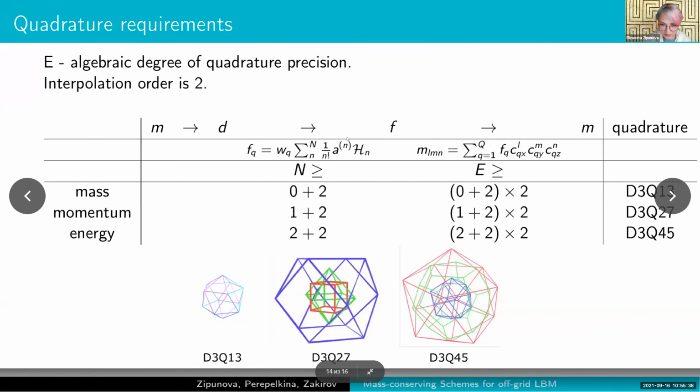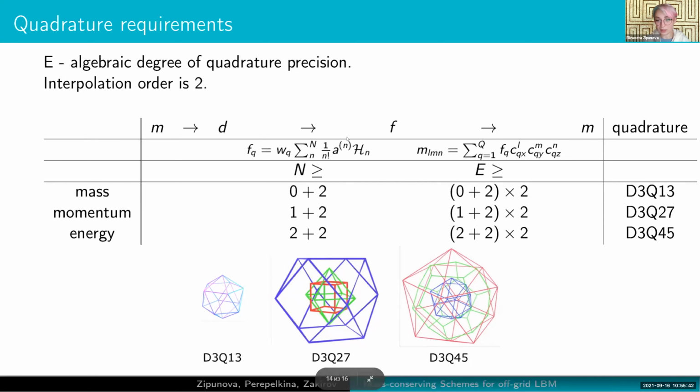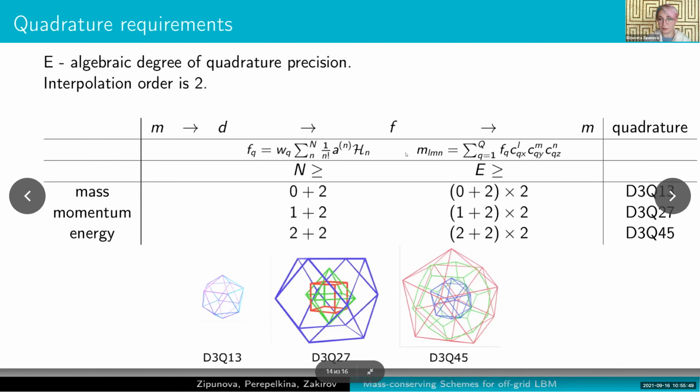So the discrete distribution function becomes a second order velocity polynomial. And when at the end of the algorithm we calculate second order raw moment, we must use a quadrature that calculates the integral for a fourth order polynomial.